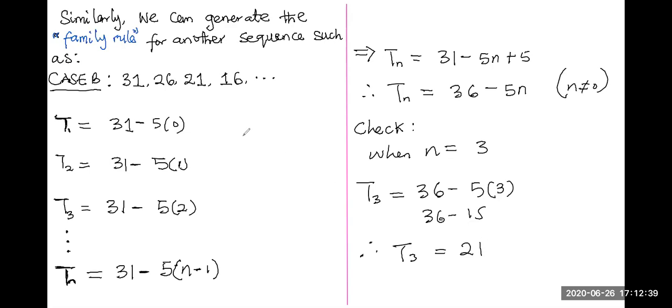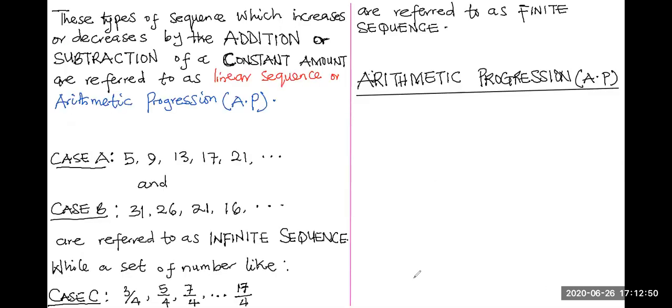All right, so we come back to what we have here. This type of sequence, in case A and case B, which increases or decreases by the addition or subtraction of a constant amount, is referred to as a linear sequence or arithmetic progression, short form AP.